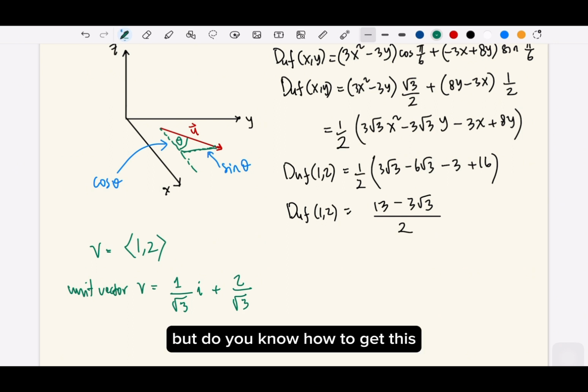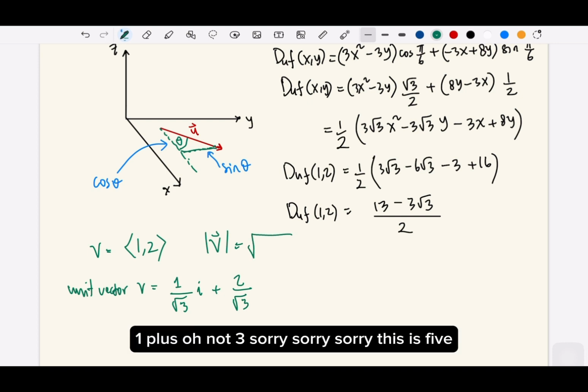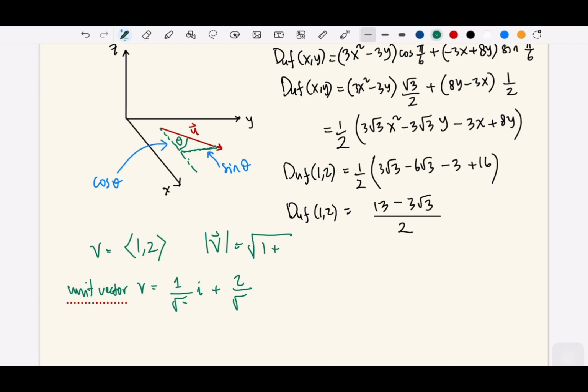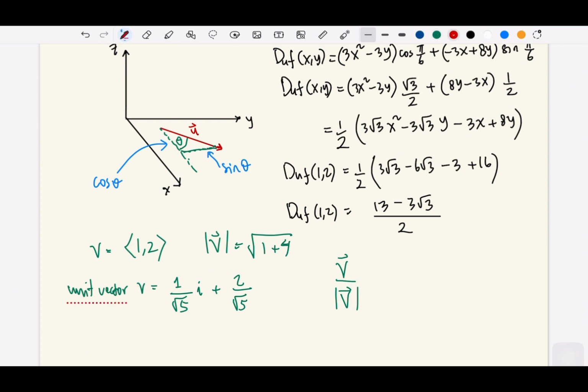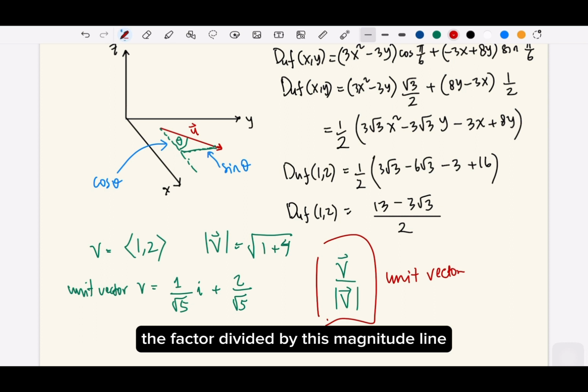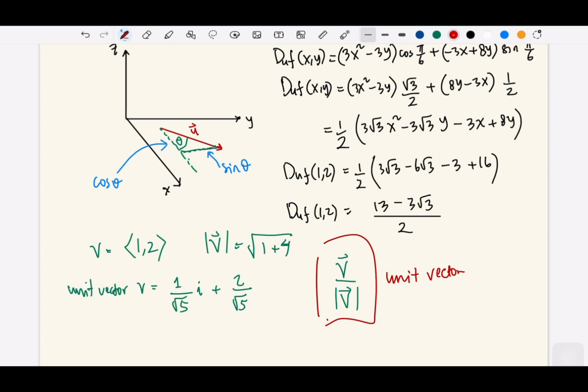Do you remember how to get the magnitude? This is 1 plus, oh, not 3, sorry, this is 5. So the unit vector is the vector divided by its magnitude.